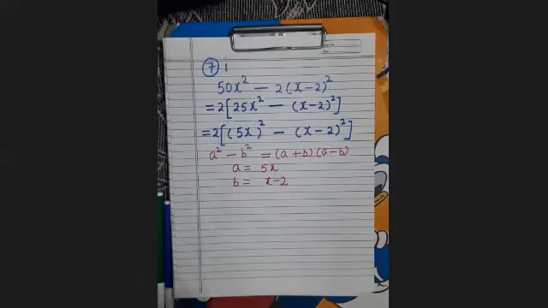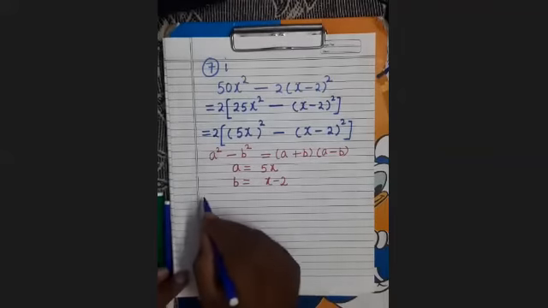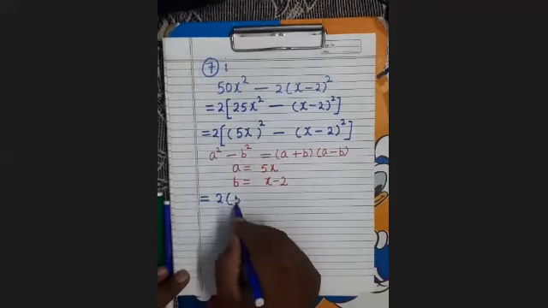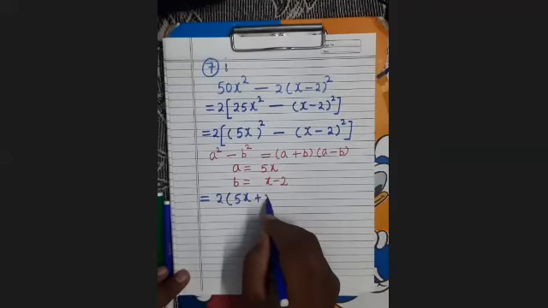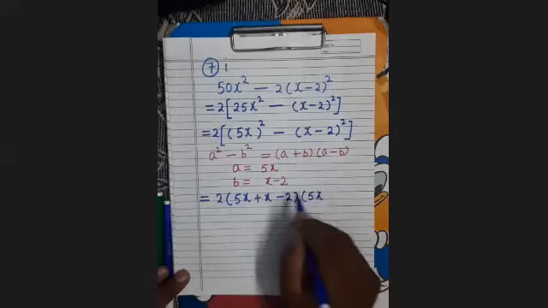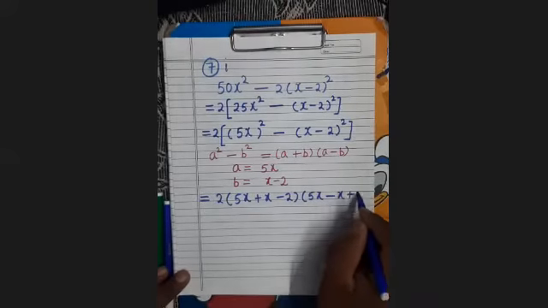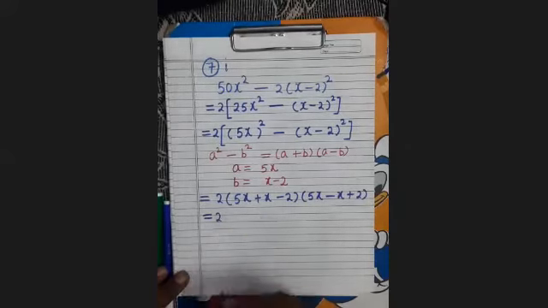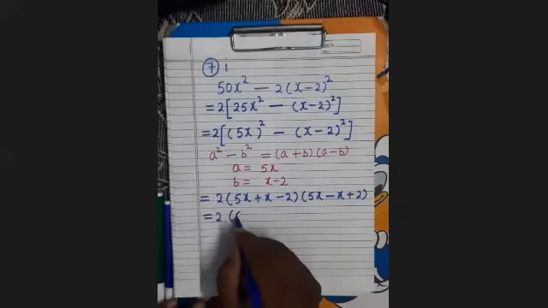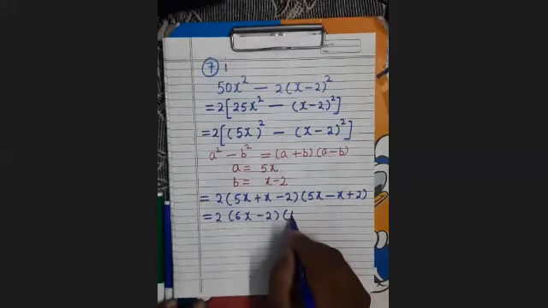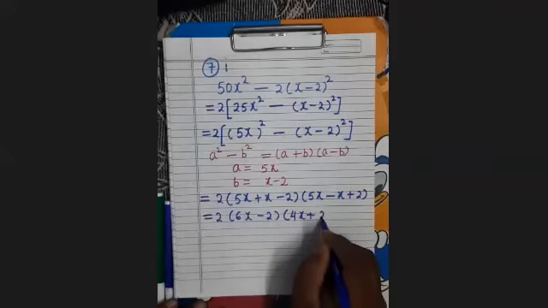X minus 2. So now you write down a plus b and a minus b. So 2, a plus b, that is 5x plus x minus 2. Then 5x minus x plus 2. So 5x plus x, 6x minus 2. And here 4x plus 2.